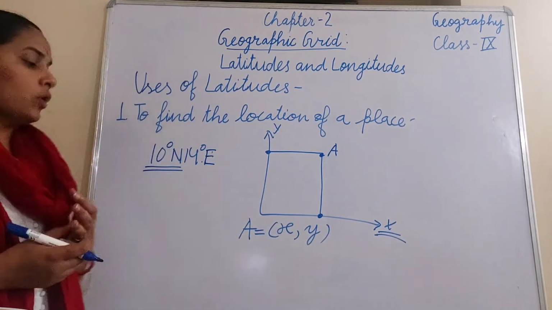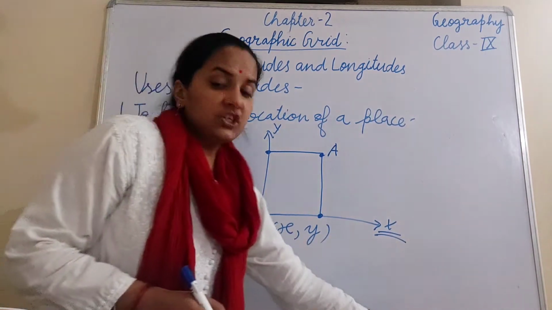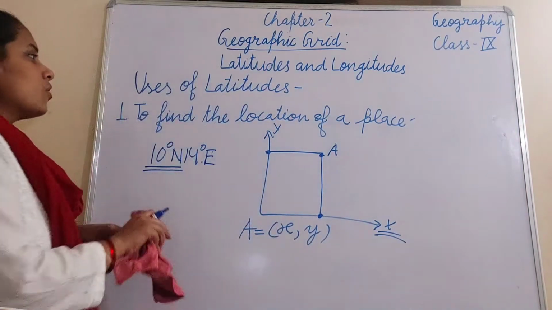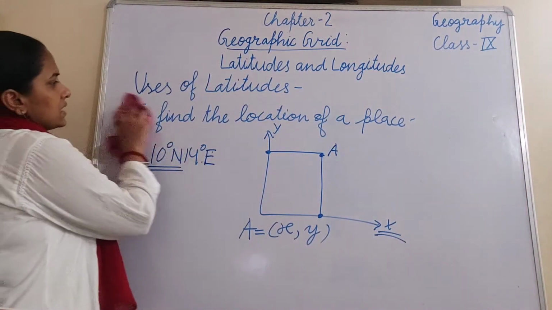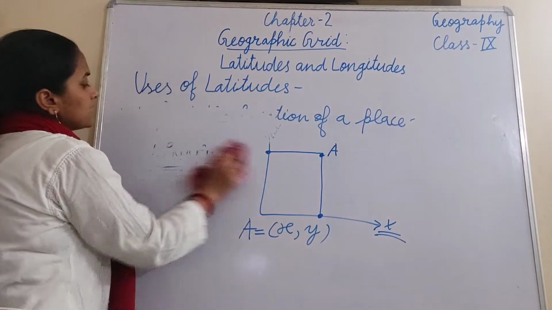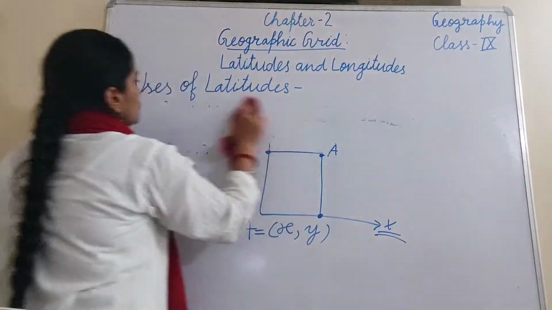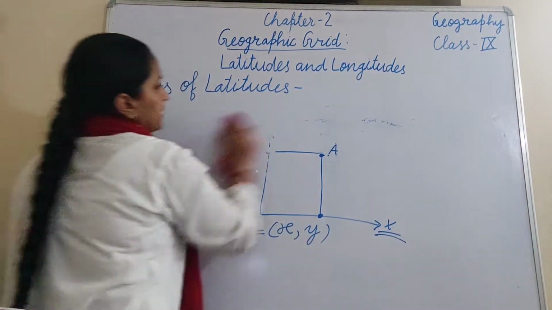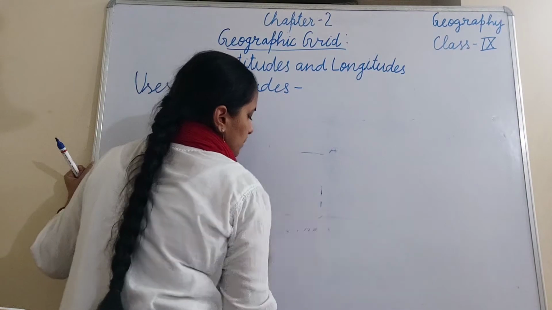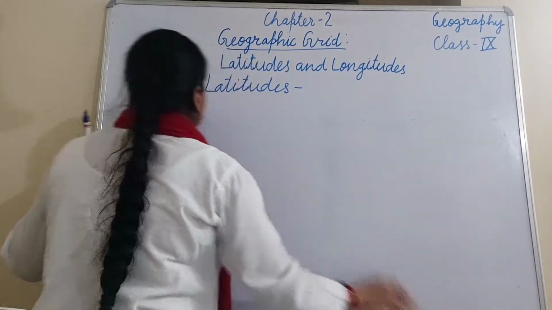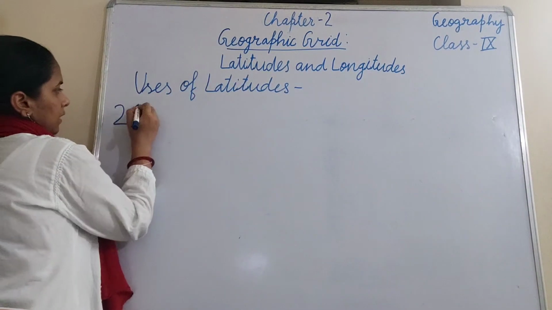The next important thing is to measure the distance of a place. The first use was to find the location of a place. The next use of lines of latitude is to measure the distance of a place.